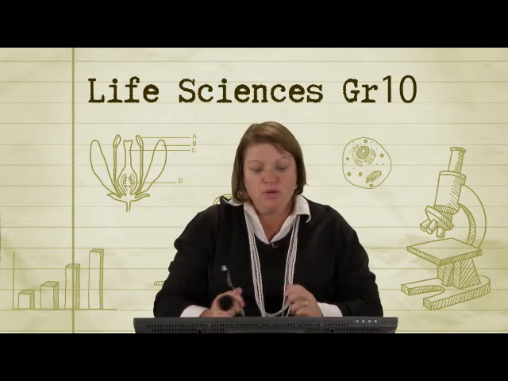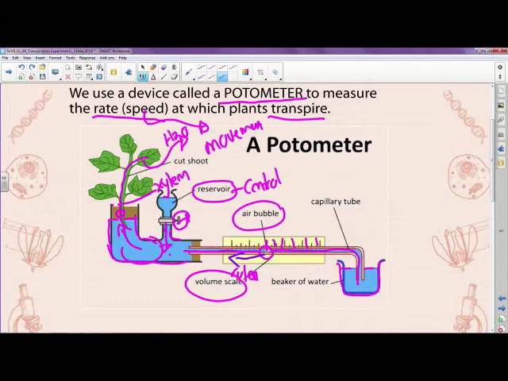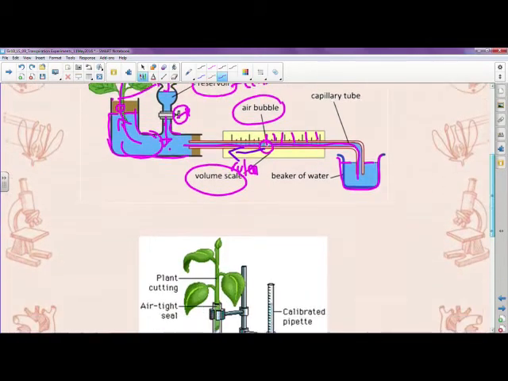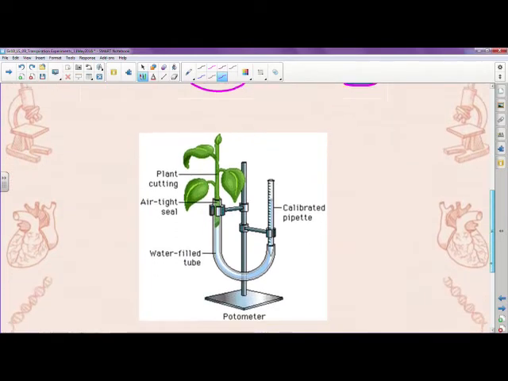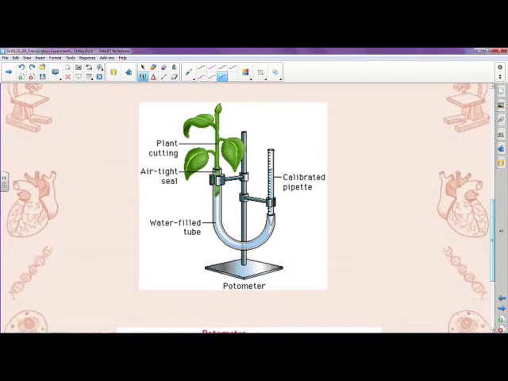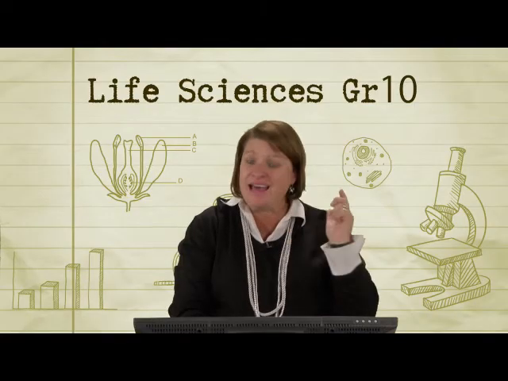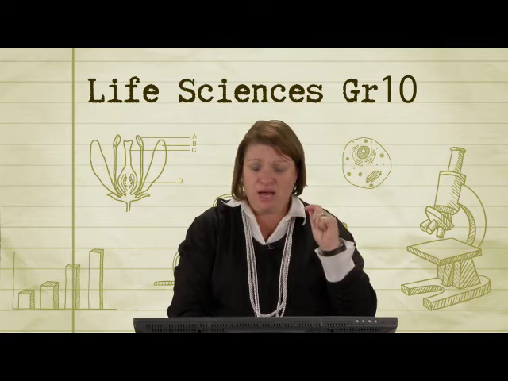Now, when we look at this potometer, I'm going to show you two pictures below. These are also potometers. So what might happen is your teacher might give you an experiment, or you might get an experiment in an exam, and you look at it and think, that looks nothing like the potometer that I was shown.